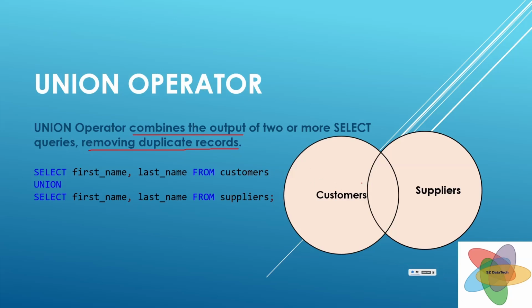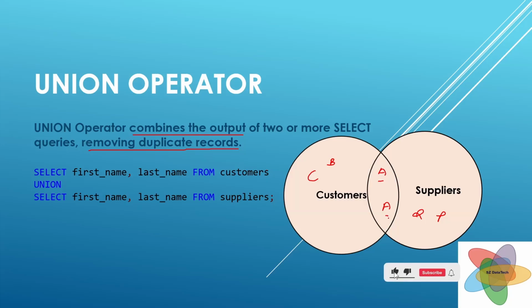Now to understand removing duplicate records, let's take an example: we have customers A, B, C. We also have suppliers P, Q, and there is one supplier whose name is A. So we have customers A, B, C and suppliers P, Q, A. When we combine these two result sets, we may get the duplicate record A twice in our result output.